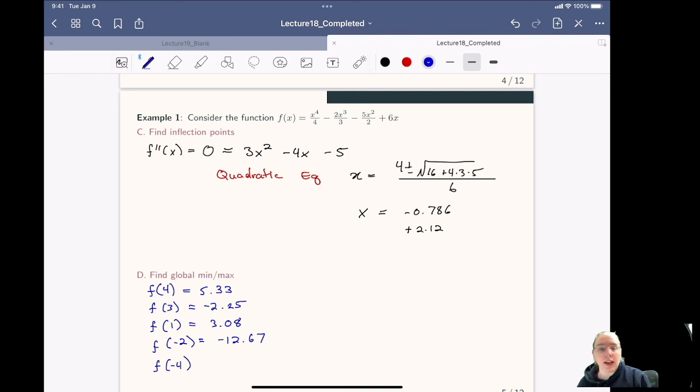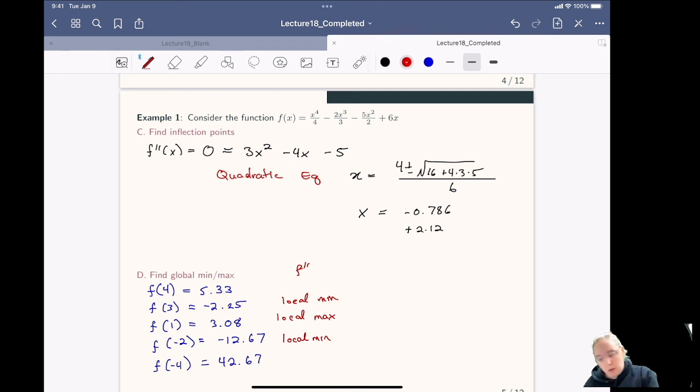This is our other edge, the left edge, and this comes out to being 42.67. All right, we already figured out that this was a local min, this was a local max, and this was a local min. All right, so that was from up above by using the second derivative. So this was f double prime.